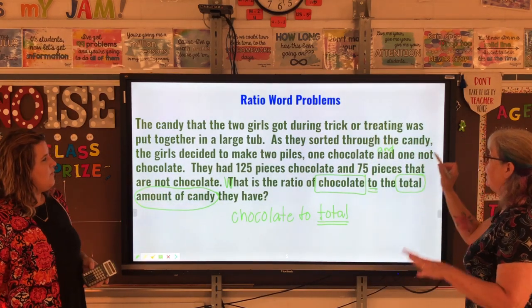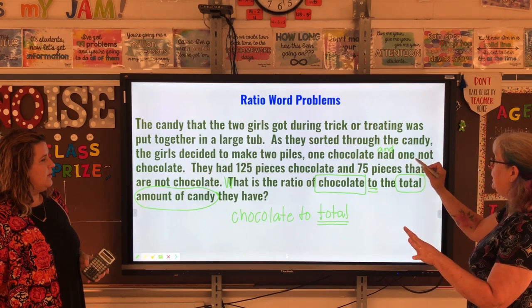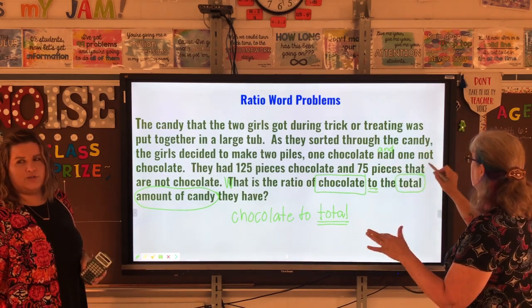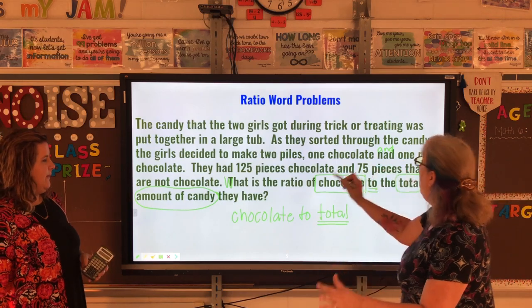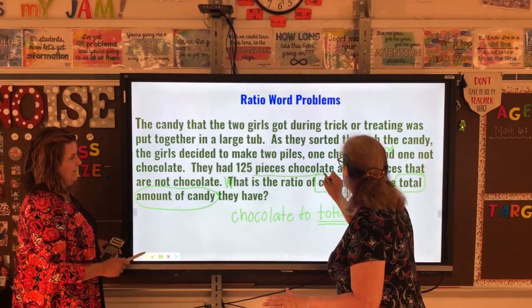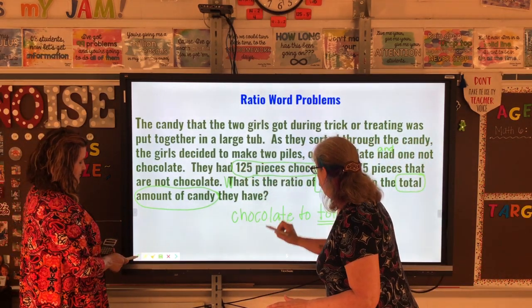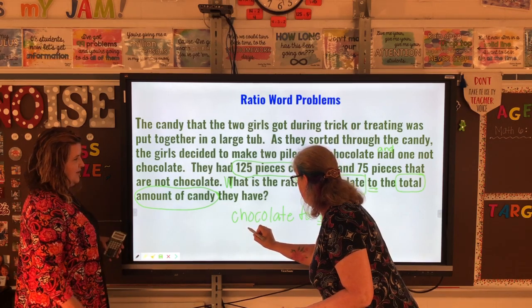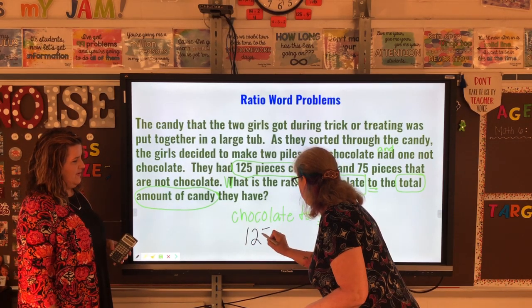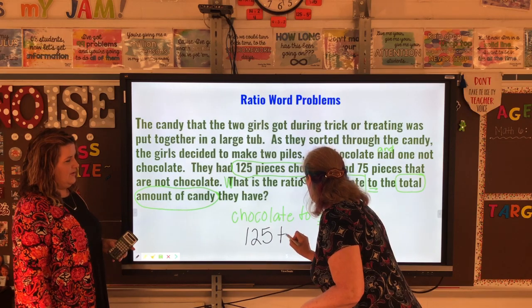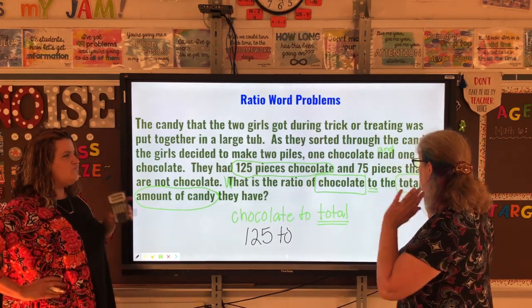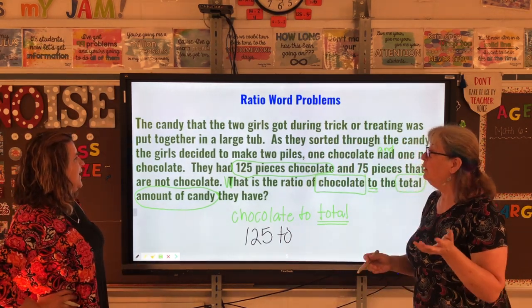All right, now let me go back up here and start looking as I start through the candy. 125 pieces of chocolate. Got it. To, now I need to know the total. I don't see the total anywhere.